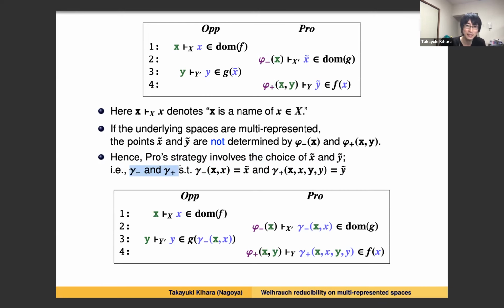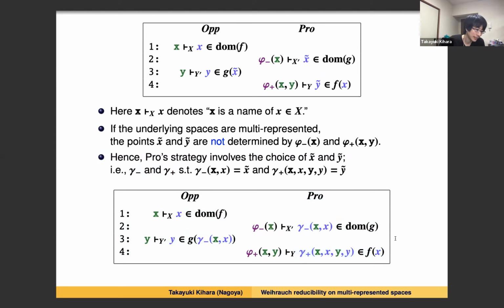This gamma is used to select x tilde and y tilde. So the right description of Weihrauch reducibility on multi-represented spaces is like this. The proponent also has two other functions, gamma minus and gamma plus, and these are used to choose points here.